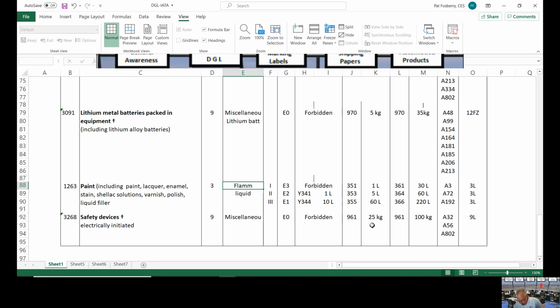Most of y'all's are moved in 4G fiberboard boxes, if you look down on the bottom. So yeah, this gives you a little bit more detail of where my little exceptions are. You'll find these in 49 CFR and IATA DGR in the special provisions.